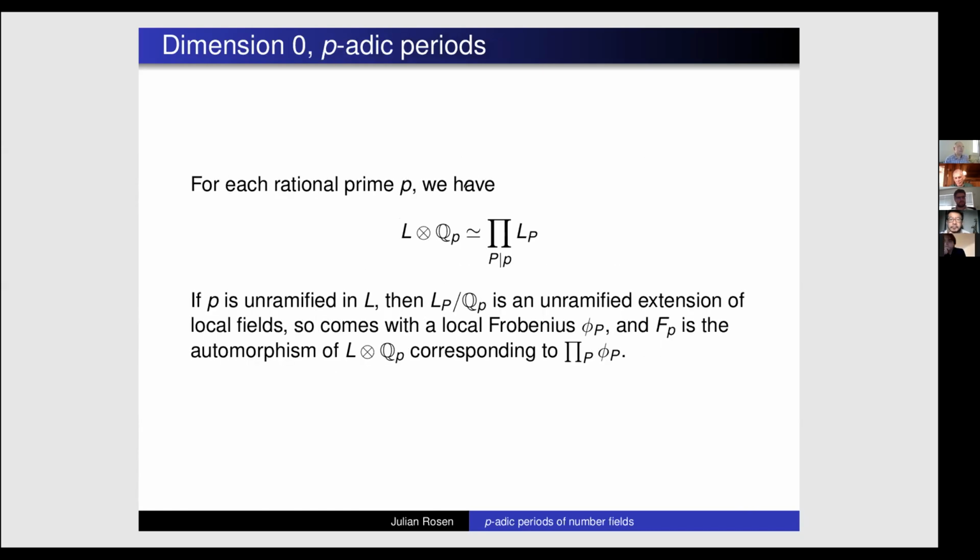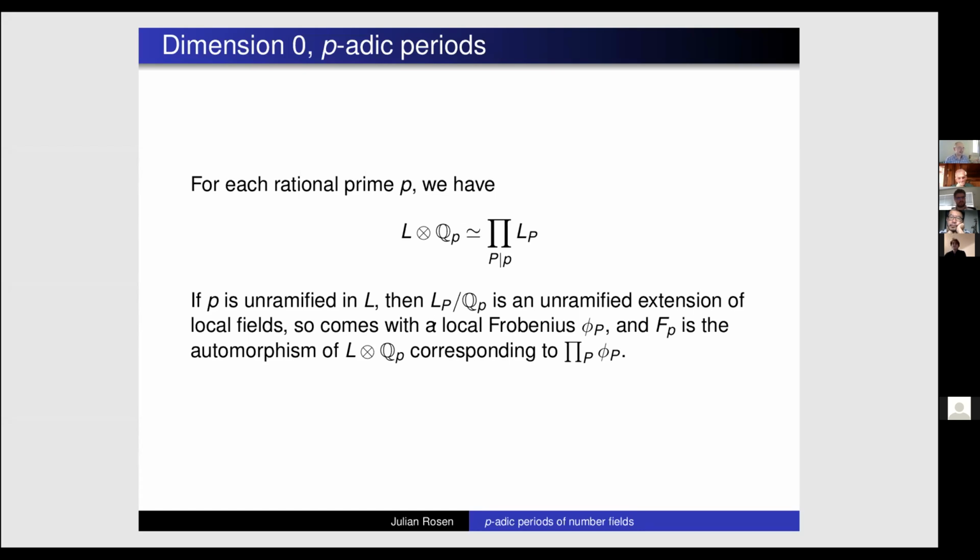Okay, and so I wanted to just say quickly what happens with the p-adic periods associated with a number field. L tensored with Q_p, maybe you know this, right? For any rational prime p, looks like a product of the completions of L at the different places of L lying over p. If p is unramified in L, then each one of these local extensions, L_P over Q_p, comes with a distinguished local Frobenius.